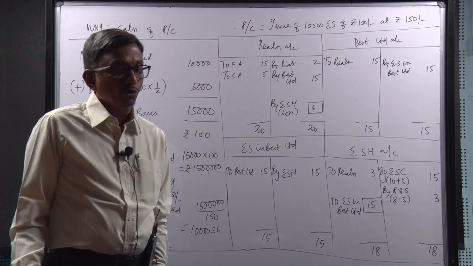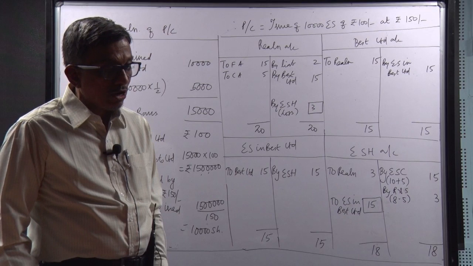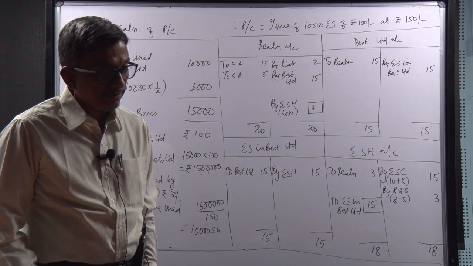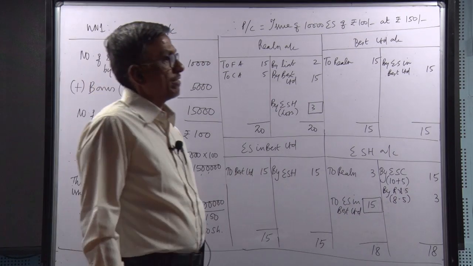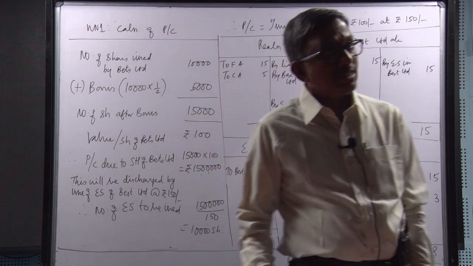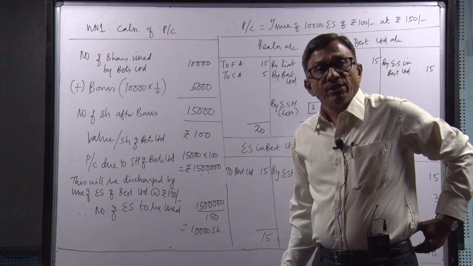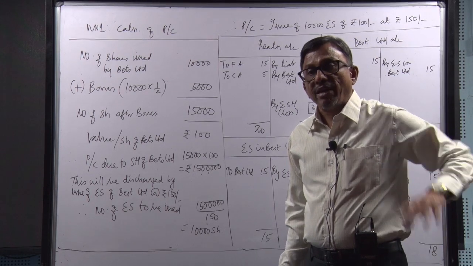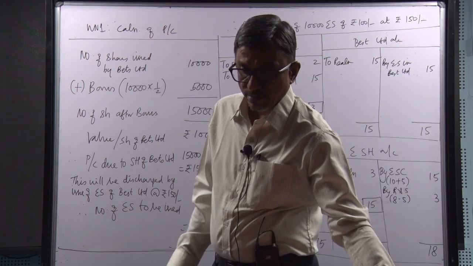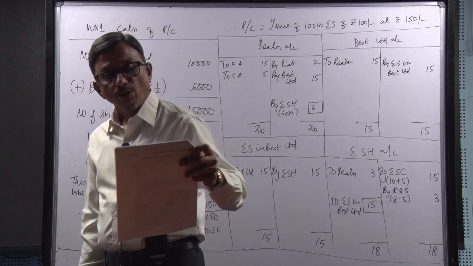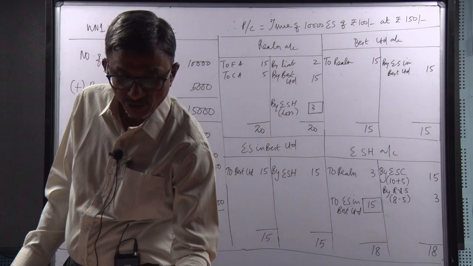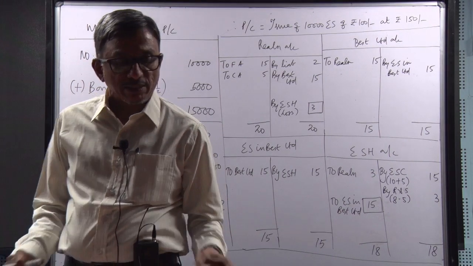Then we have to do the journal entries in the books of Best Limited. Journal entries, simple. In the books of purchasing company, we have to make 3 or 5 journal entries. In this problem, there will be 5 journal entries. Because we have intercompany owings and unrealized profit on stock, 5 journal entries will be there.